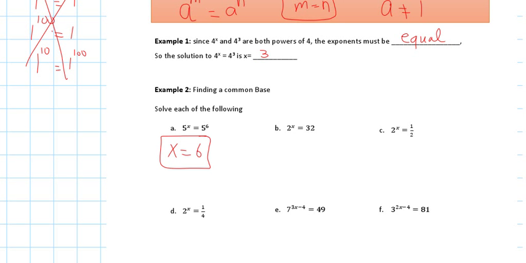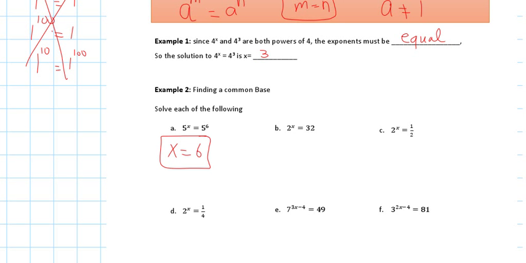I have to change the base of which side? The right side. Okay? So what do I have to make it base of? 2. 2 to the power of what gives me 32? How do you know this? You have a calculator. You can sit down and you have half an hour. Go 2 to the power of 1. It's not going to work. 2 to the power of 2. You should know some of your powers.